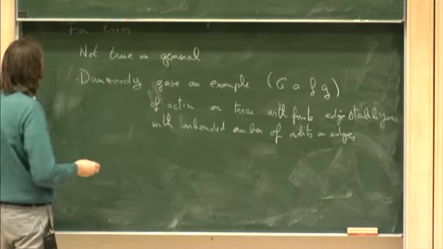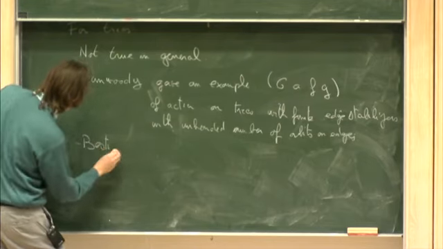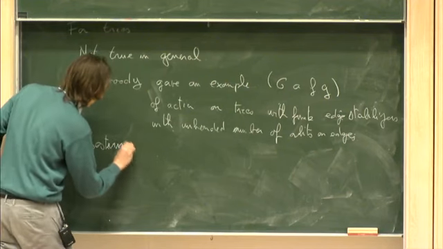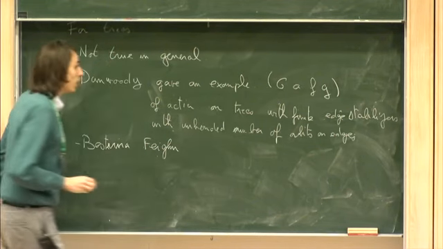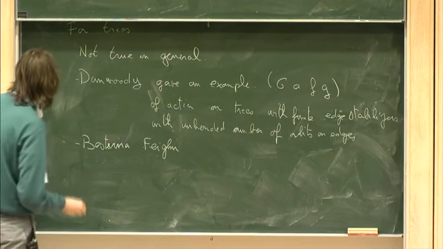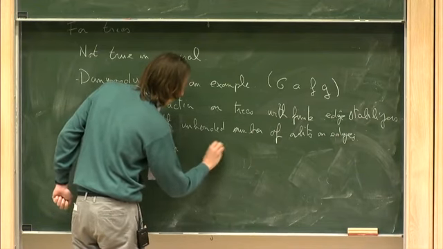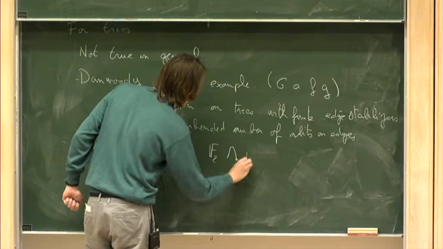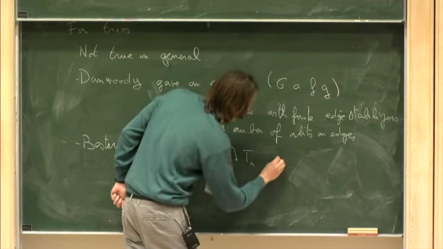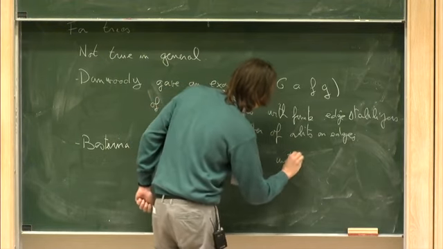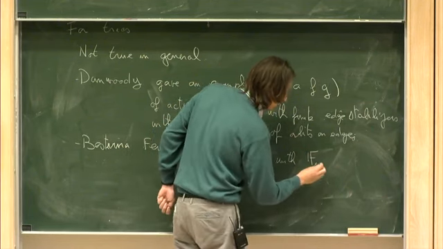And there's also a counterexample from Bestvina and Feighn, who give an example of actions of F2 on trees Tn, with, I think, also F2 edge stabilizers.